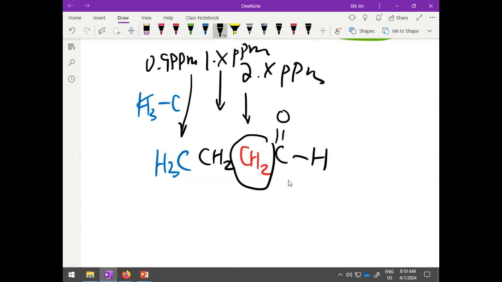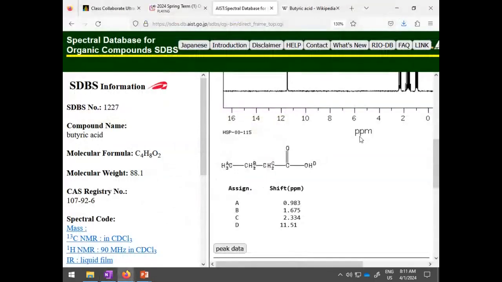And the proton on the blue carbon is farthest away from the carbonyl group, so it's the lowest chemical shift value. And the proton on this carbon is in the middle, 1.6 something. Exact values I'm not asked to memorize, but relatively. So really nothing special here.